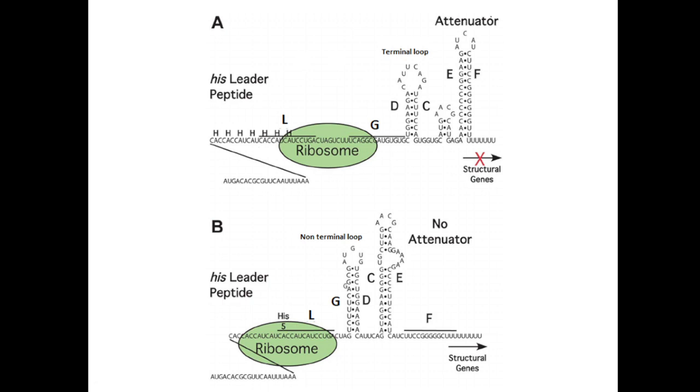The concentration of histidine will influence the velocity of moving of the ribosome along its L path. These are histidine triplets. You see CAC, CAU.